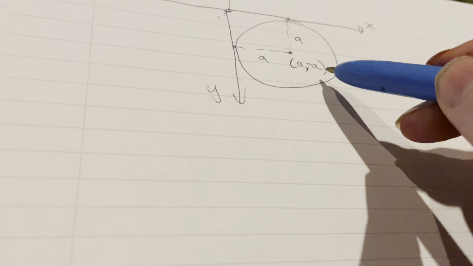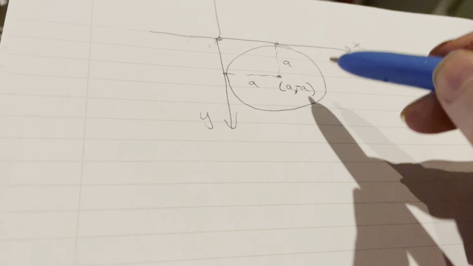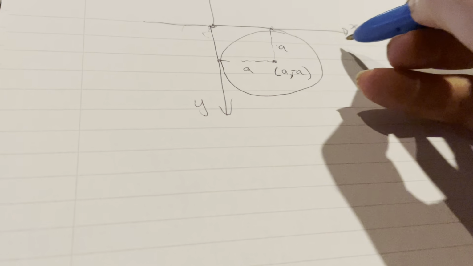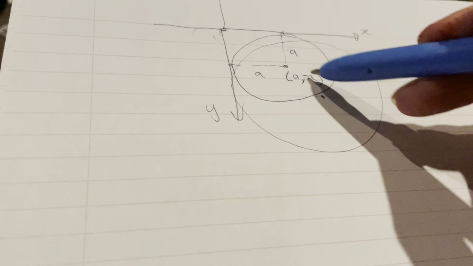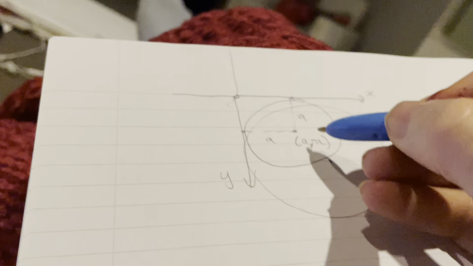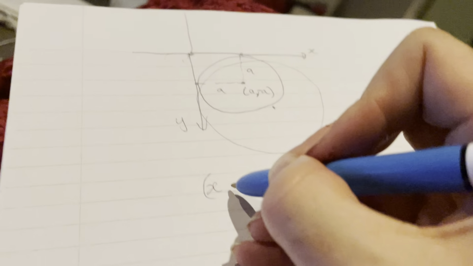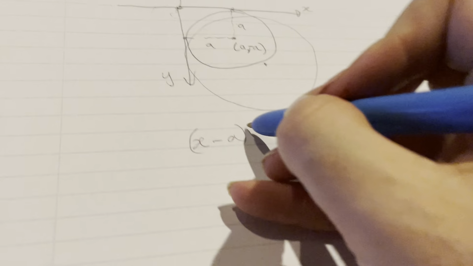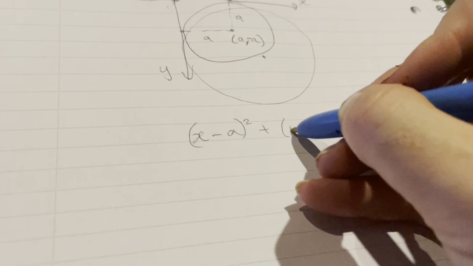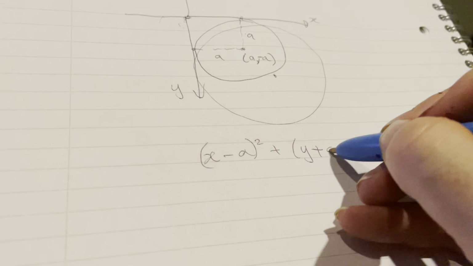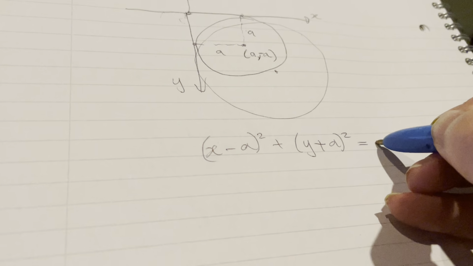Okay, and there's an infinite number of circles that would touch that. So there's a bigger one out here, and that center might be (b, minus b) and so on. The radius of the circle and the center are kind of linked, so it's kind of easy equations. So the equation of that circle there with the center (a, minus a) is (x minus a) squared plus (y plus a) squared is equal to a squared.